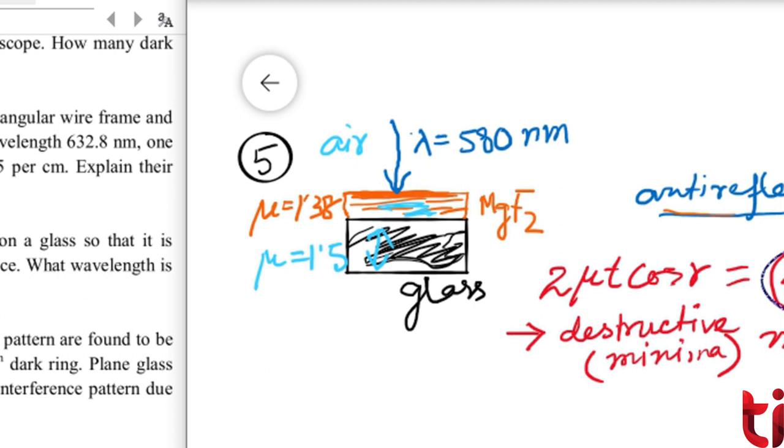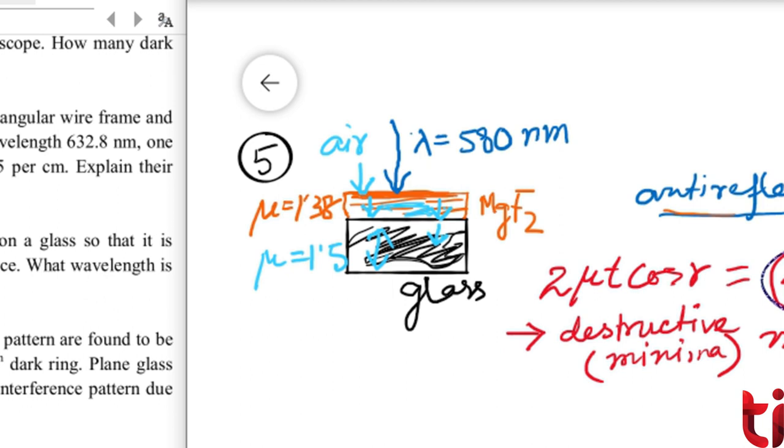So as the light enters from air into magnesium fluoride, the light is going from a rarer medium to a denser medium. Then again, when the light goes from the magnesium fluoride to the glass, the light is again traveling from a rarer medium to a denser medium.